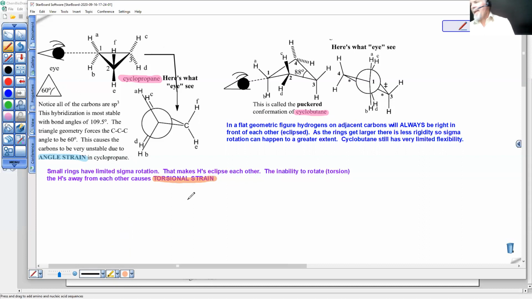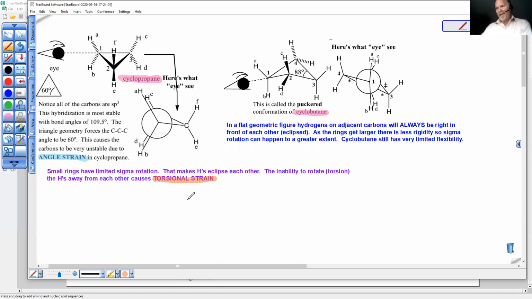The combined effects of angle and torsional strain give cyclopropane a very unstable existence. Cyclopropane does not like being cyclopropane. As a result, there is very little occurrence of cyclopropane or any organic molecules with ring size 3 in nature.